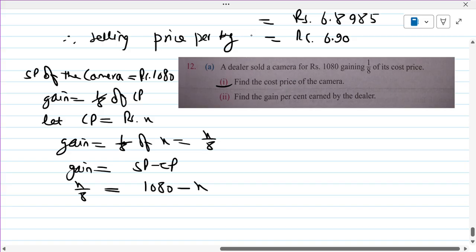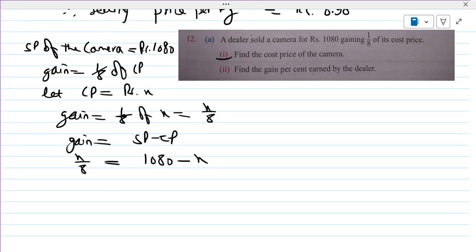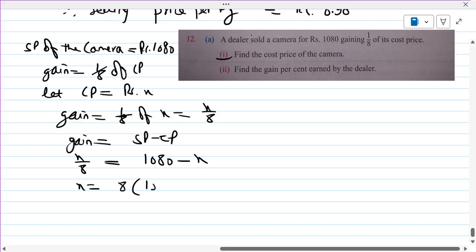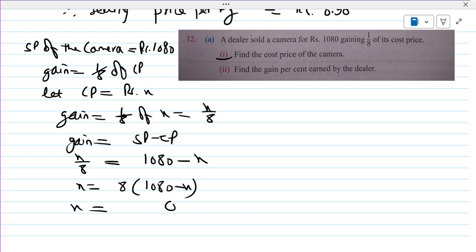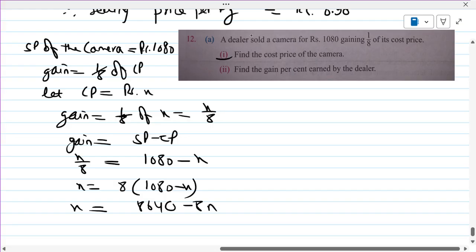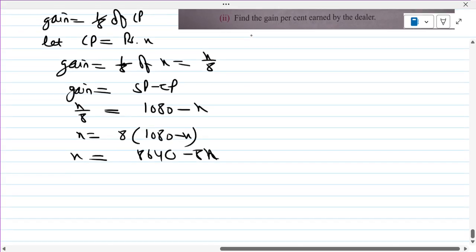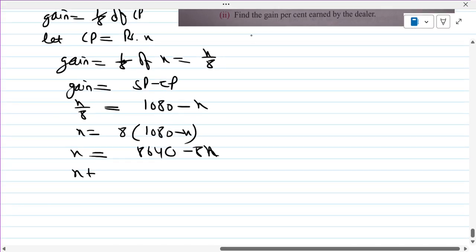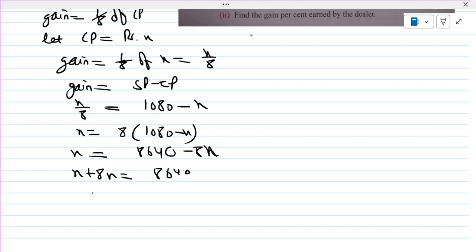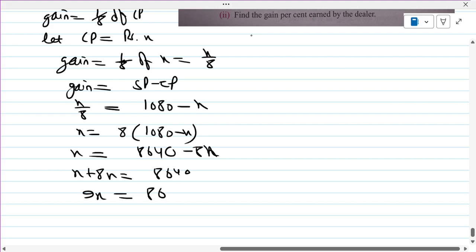CP we suppose X. So doing cross multiplication, X equal to 8 into 1080 minus X. 8 into 1080 is 8640, minus 8x. And once we do that, this 8x we bring to the left side. So x plus 8x equal to 8640. So we get 9x equal to 8640.